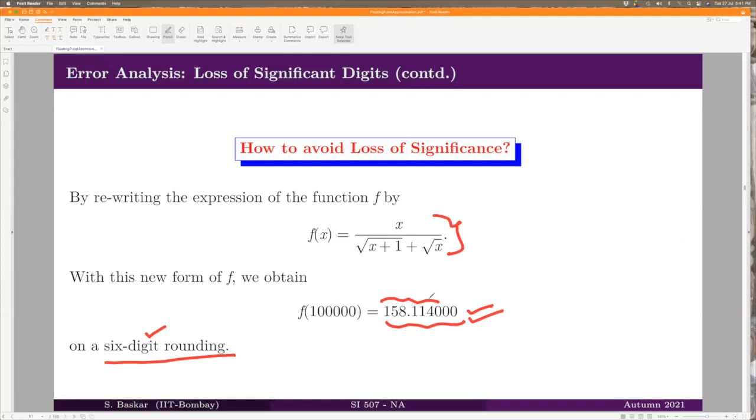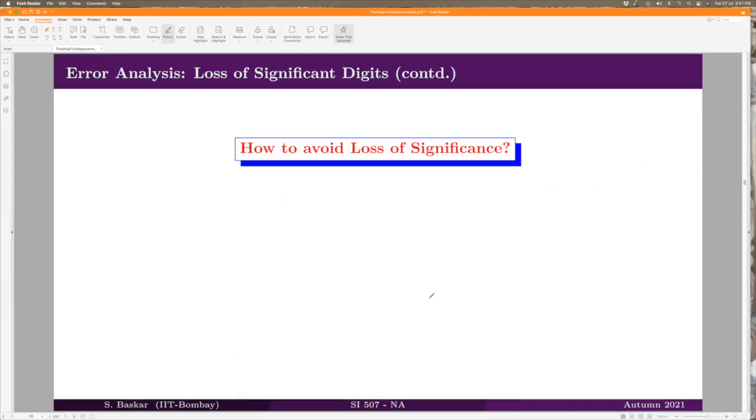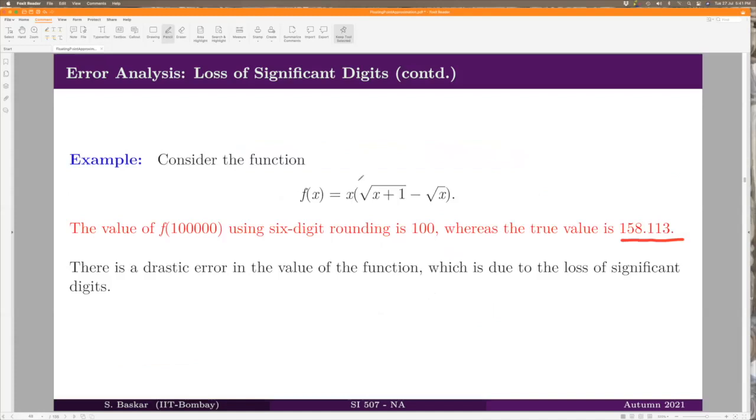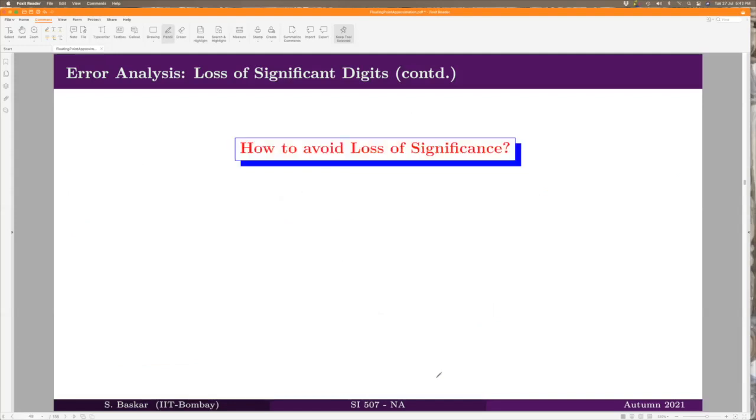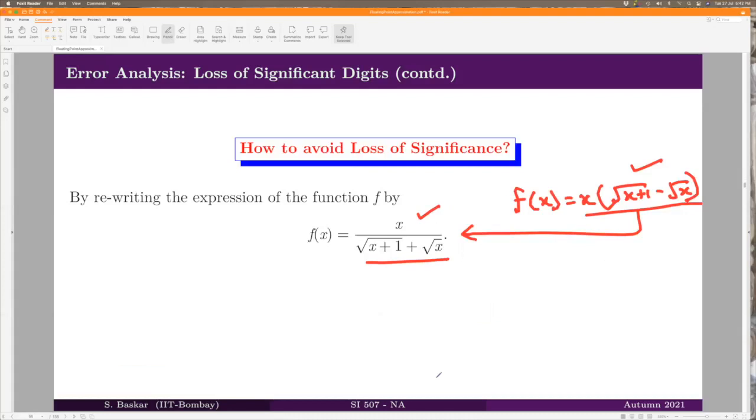This is because in this case, there was no loss of significance happening, whereas in the previous case, precisely in this step, we were losing the significant digits. I hope you understood mathematically and intuitively what is meant by number of significant digits and what is meant by loss of significant digits or loss of significance.